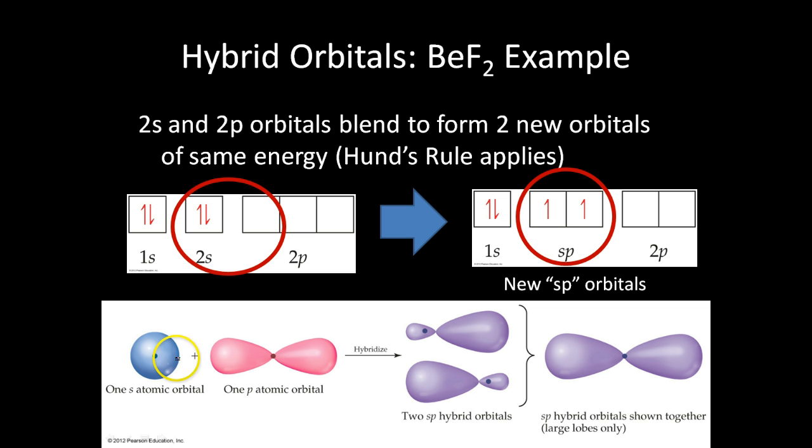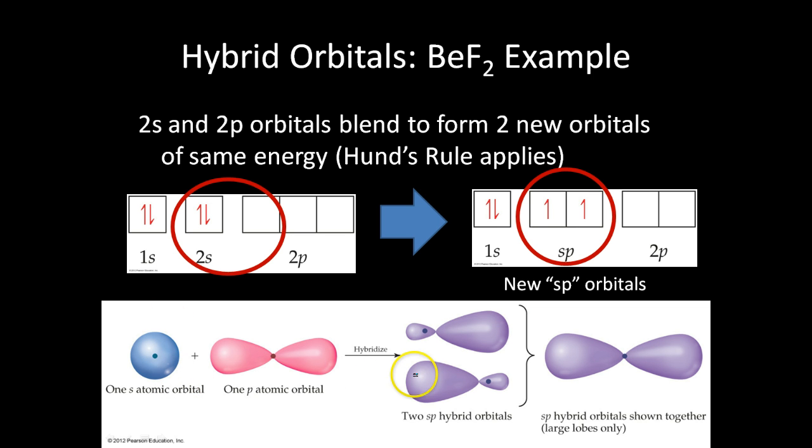And so what happens then is you have these half-filled sp orbitals. If you're blending an s orbital and a p orbital, what does it look like? Well, based on simulations that they've done on computers, the sp orbitals look an awful lot like a blending of an s orbital with a p orbital.